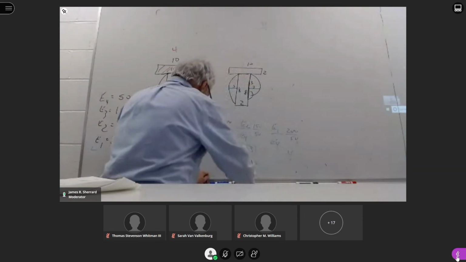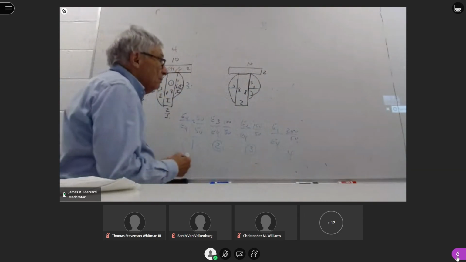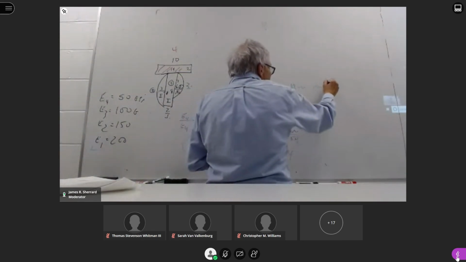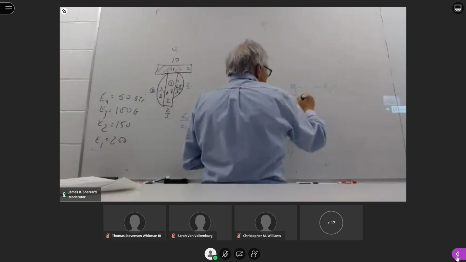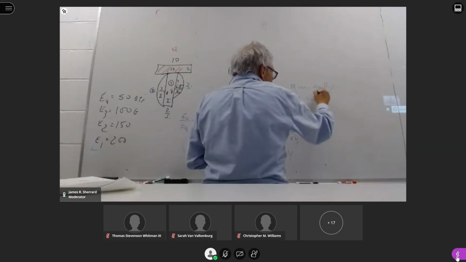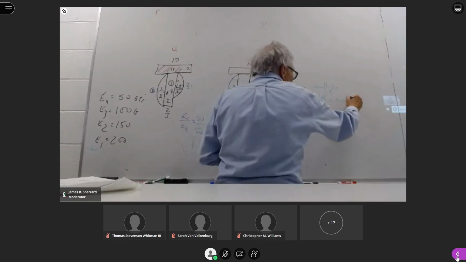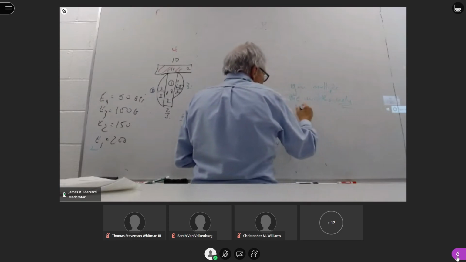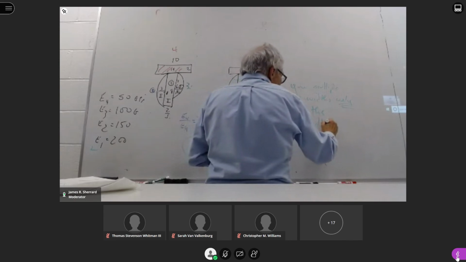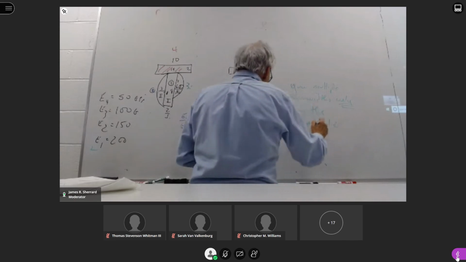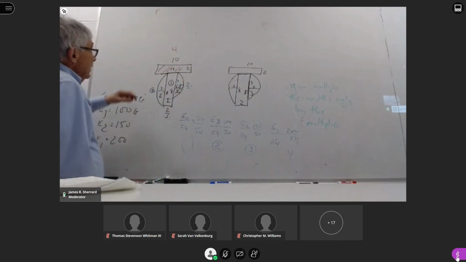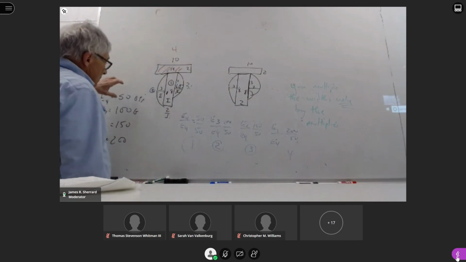So whatever that ratio is, you multiply the widths only by the multiplier. E4 is on top.